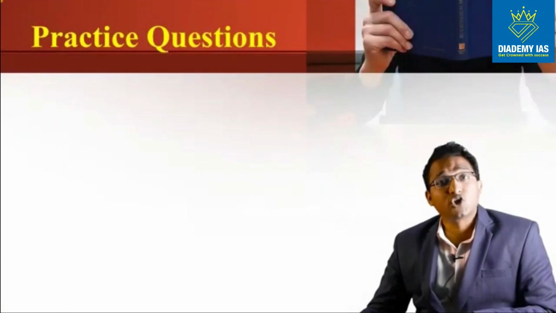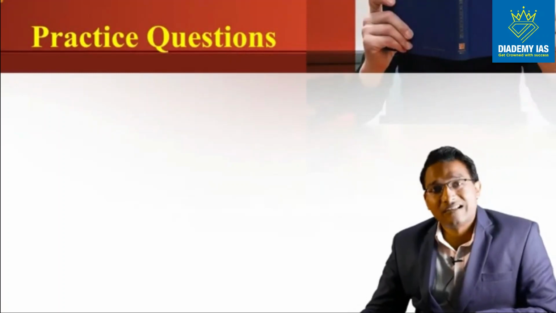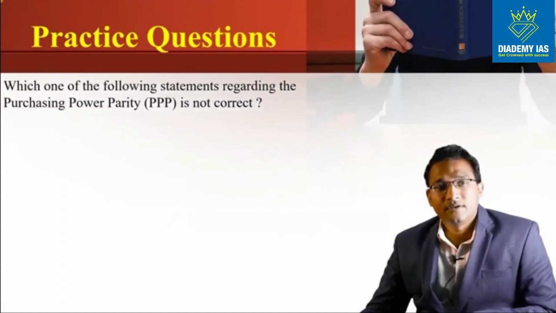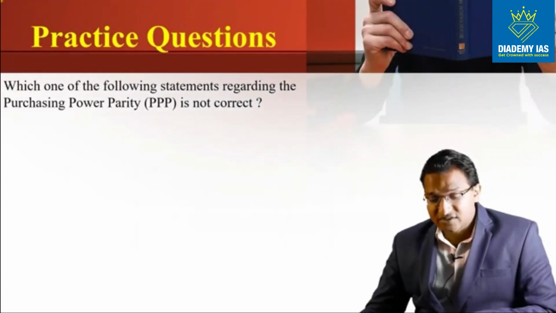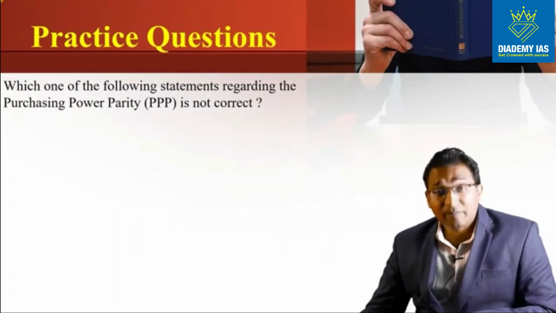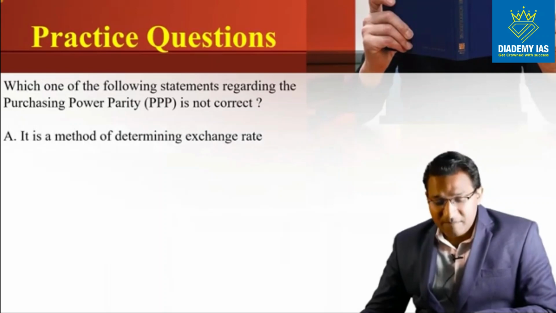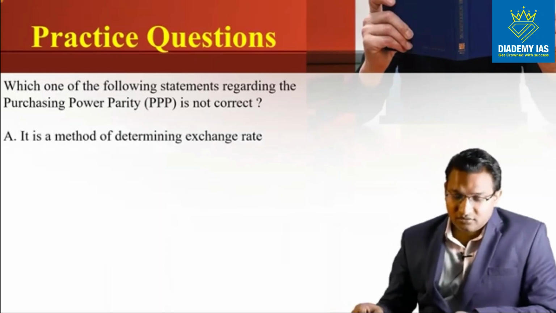But I am very much sure that this concept is crystal clear to you, right? Let us see the practice question. Which one of the following statements regarding purchasing power parity is not correct? A. It is a method of determining exchange rate.